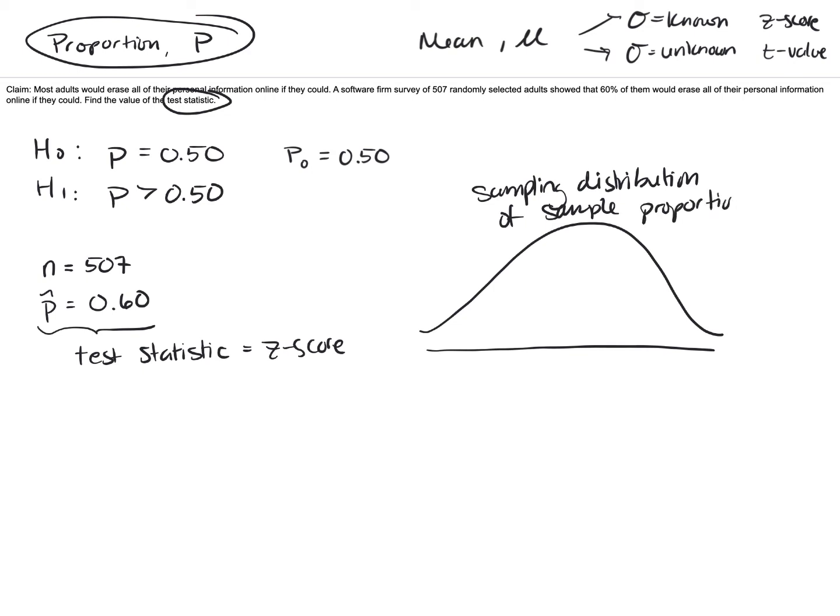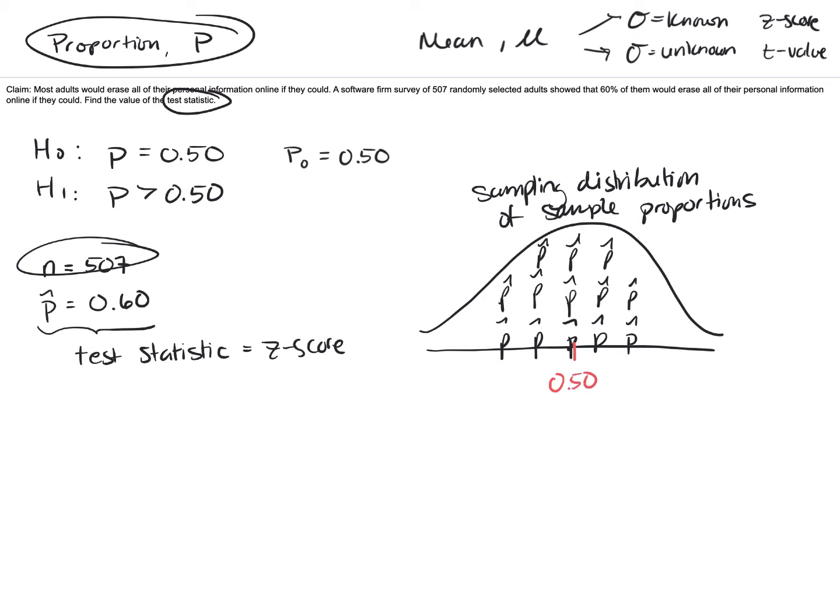Just imagine that this distribution has a whole bunch of p hats in it, made up of a whole bunch of different sample proportions. Anytime you take a sample of 507 people and survey them, because it's a random sample, we could potentially get a different p hat every time we repeat this study. And so that creates this sampling distribution. On this sampling distribution, we will find that 0.50 is at the center. It's got a high probability of occurring. And we want to know, where does 0.60 fall in this distribution?